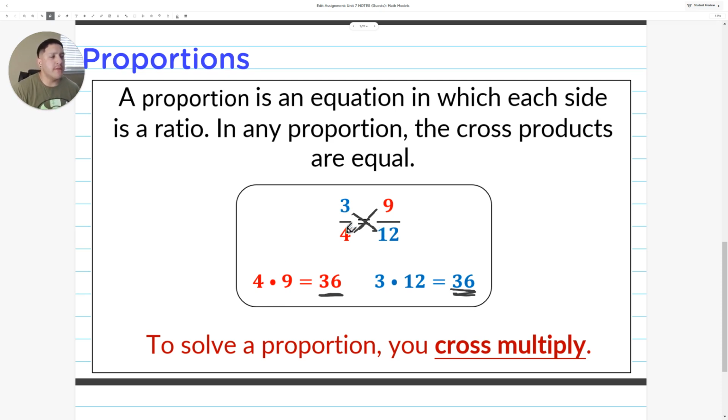Now, there's going to be missing variables or missing values in a proportion, and we're going to need to find out what they are. To solve a proportion, we're going to cross multiply, just like I showed y'all right here.